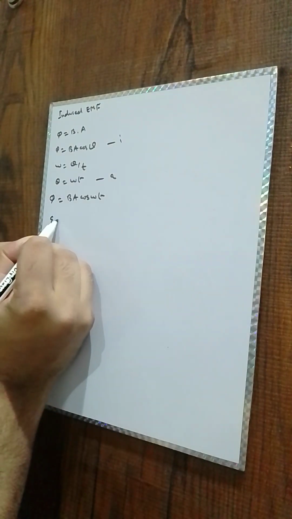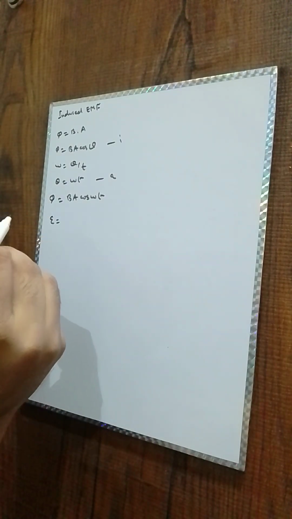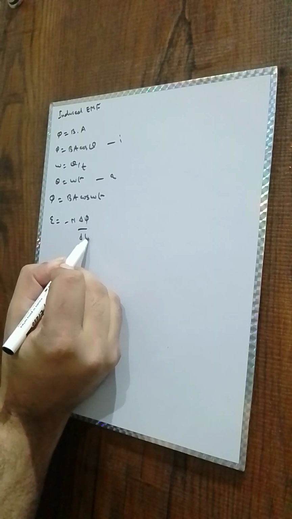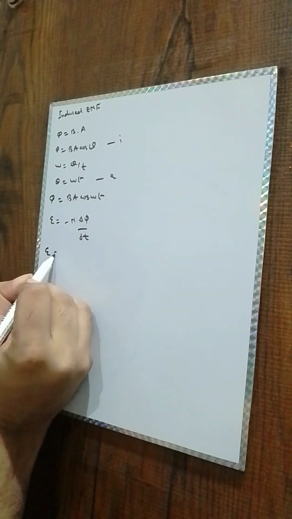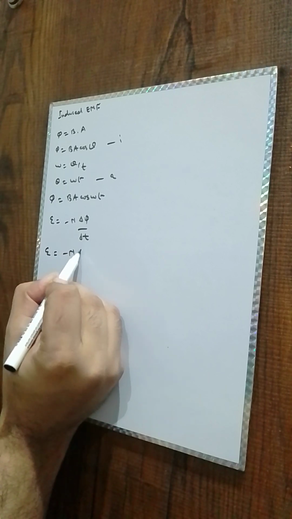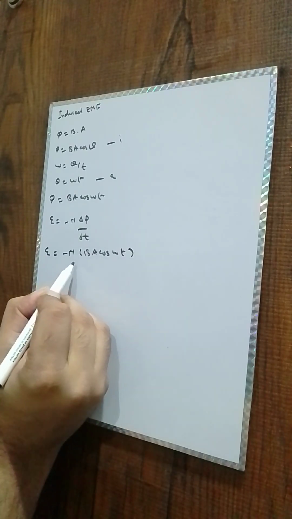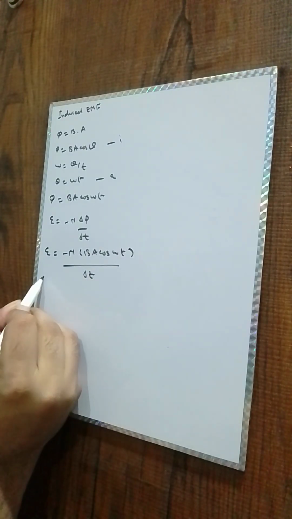In the electromotive force, with the sign convention, E is equal to minus N times delta phi by delta t. Now we put the value of phi: minus N B A cos omega t by delta t.